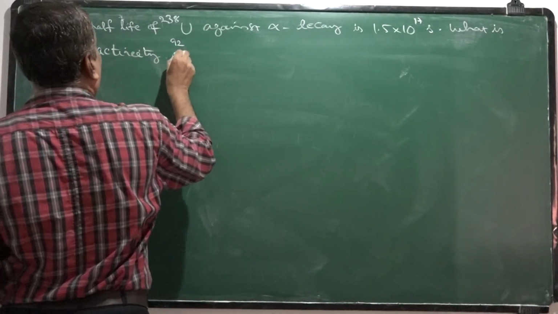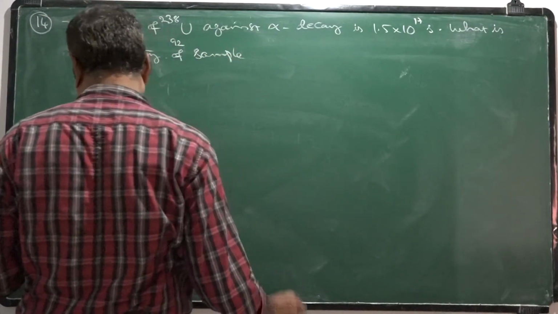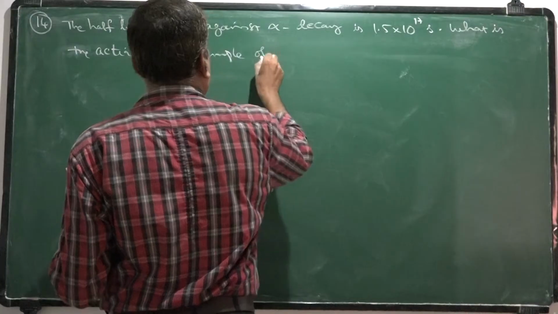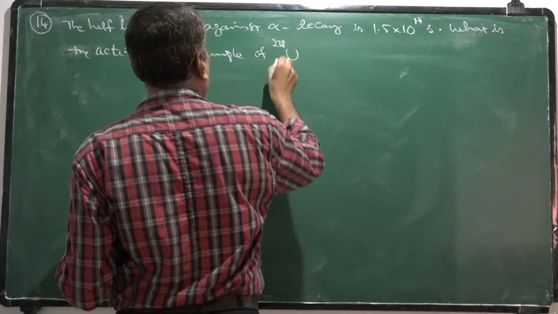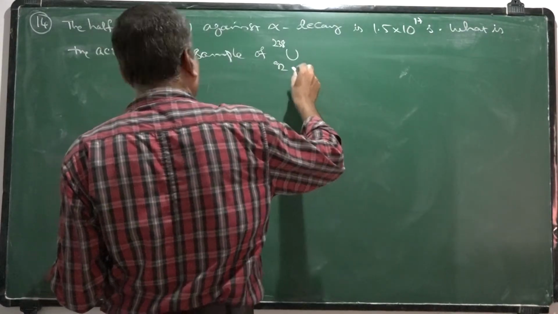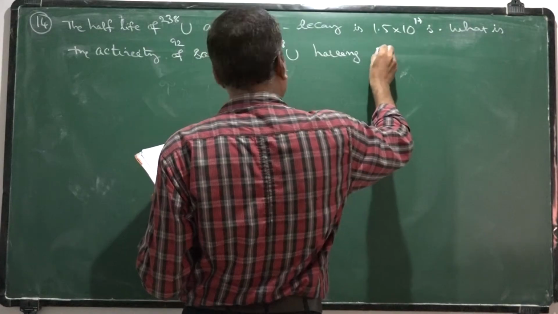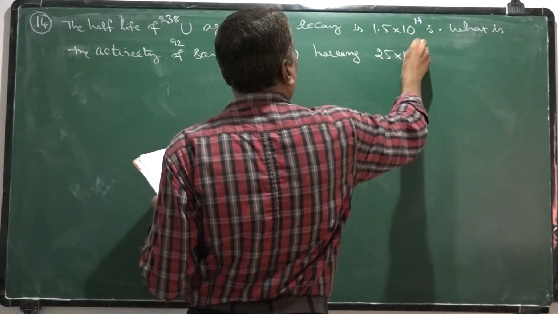What is the activity of a sample of uranium 238-92 having 25 into 10 to the power 20 atoms?